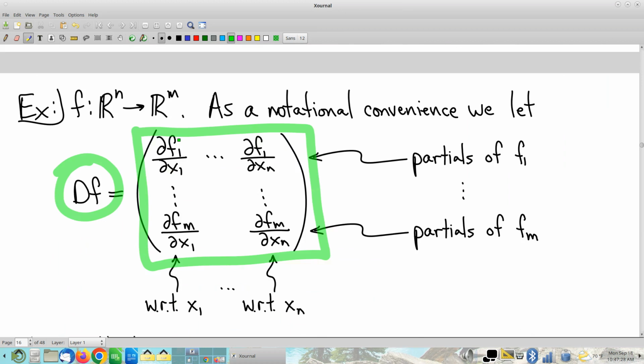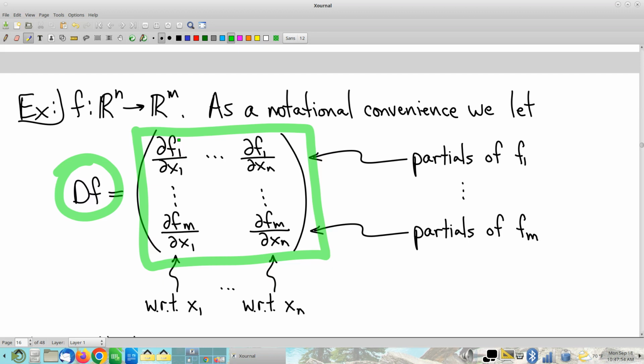It's just that now you can not only take partial derivatives with respect to various different inputs, you also have various different output coordinates. F has F1, F2, F3, the various different coordinates of this vector valued output. So you have more partial derivatives, and thus it ends up being a matrix instead of a vector.